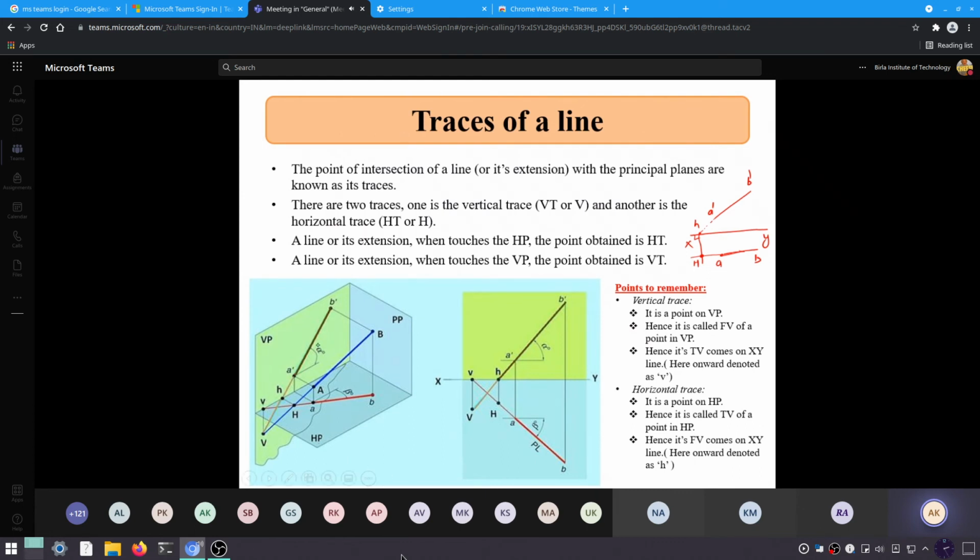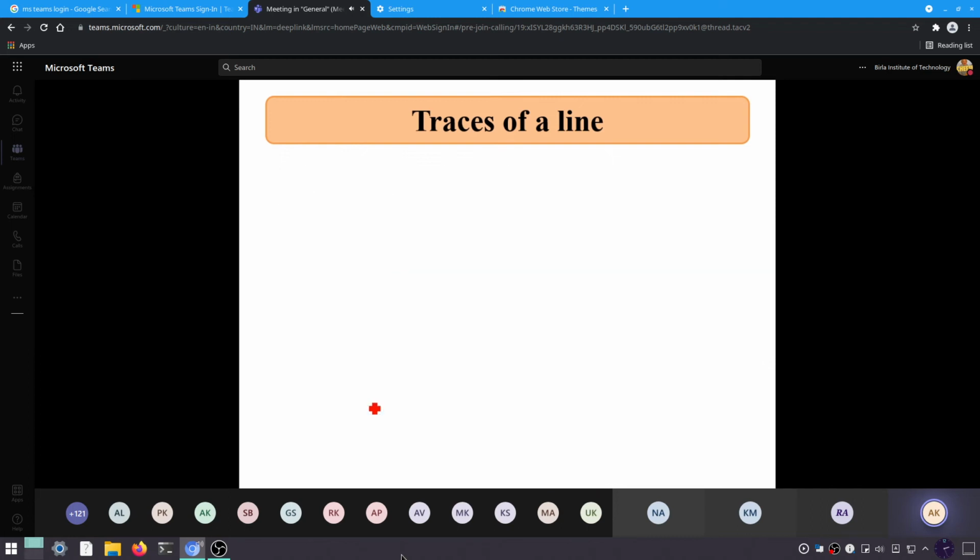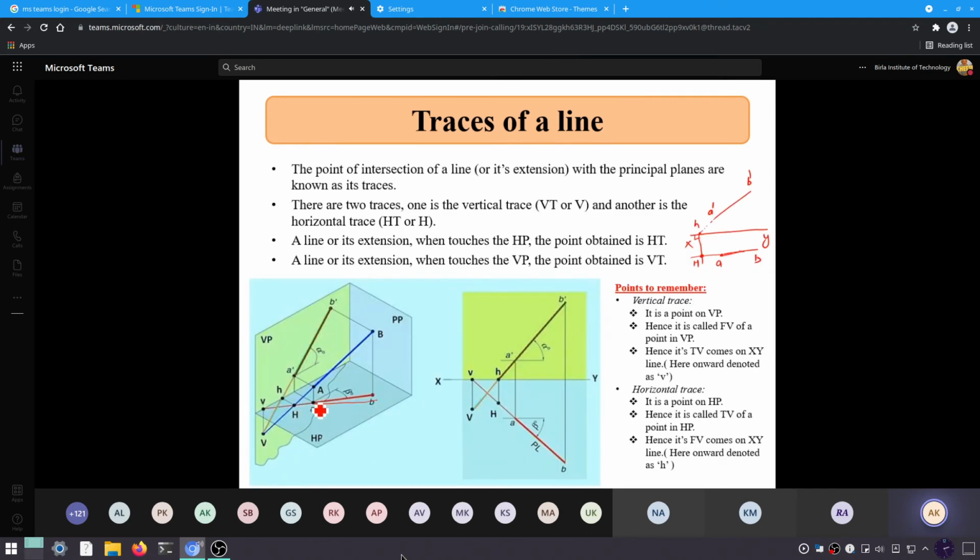So 40 is our true inclination with what? Vertical plane. Phi क्या होता है? Vertical plane. So vertical plane के साथ हमारा true inclination, let's say our true length will come out to be somewhat like this. Okay. So it is a true inclination with this.